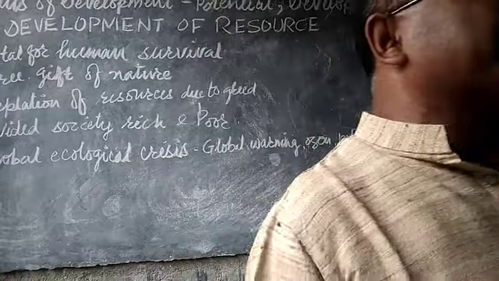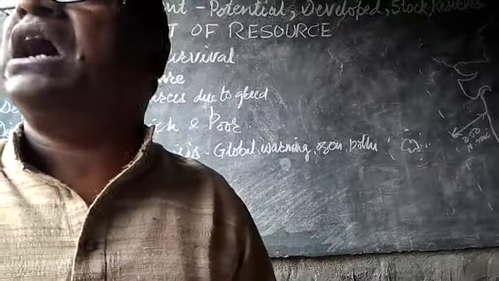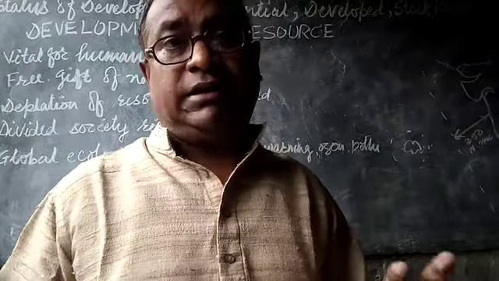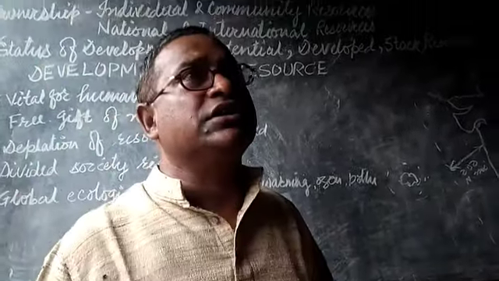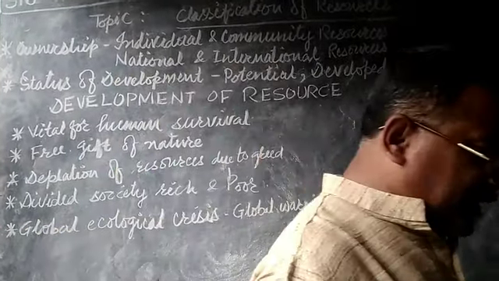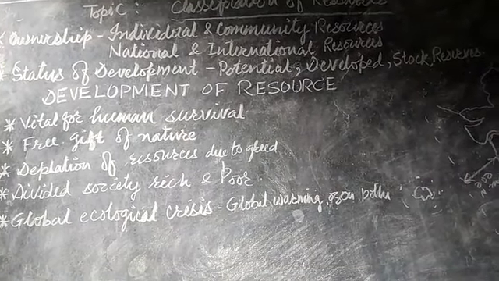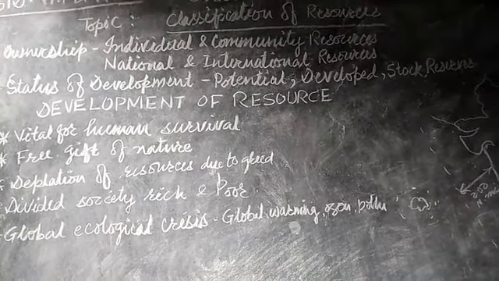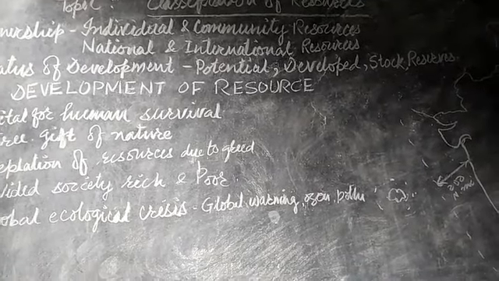Stocks are those resources for which technology is not available to the nation. In nations where sufficient technology is not developed, many resources found in the region of our country are considered stocks.